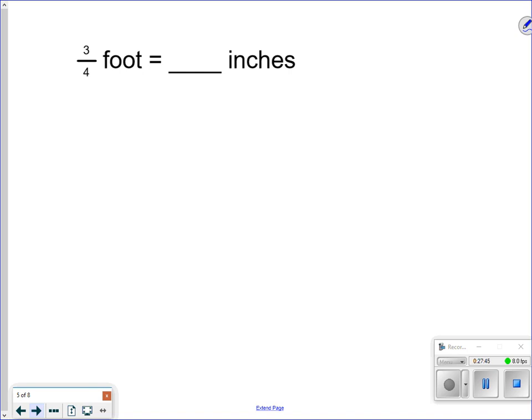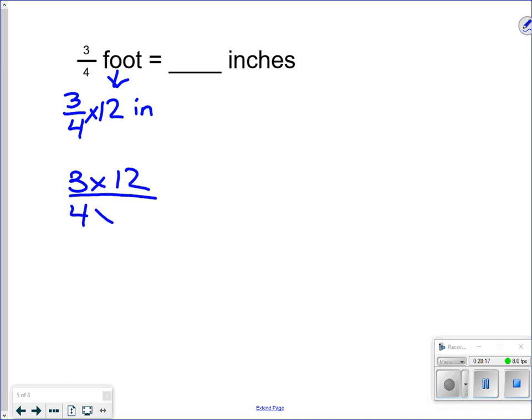I am multiplying because I'm going from big to small. 1 foot is 12 inches, so I'm taking my foot and making it 12 inches. 3/4 times 12. 3 times 12 over 4 times 1. 36 over 4 inches.